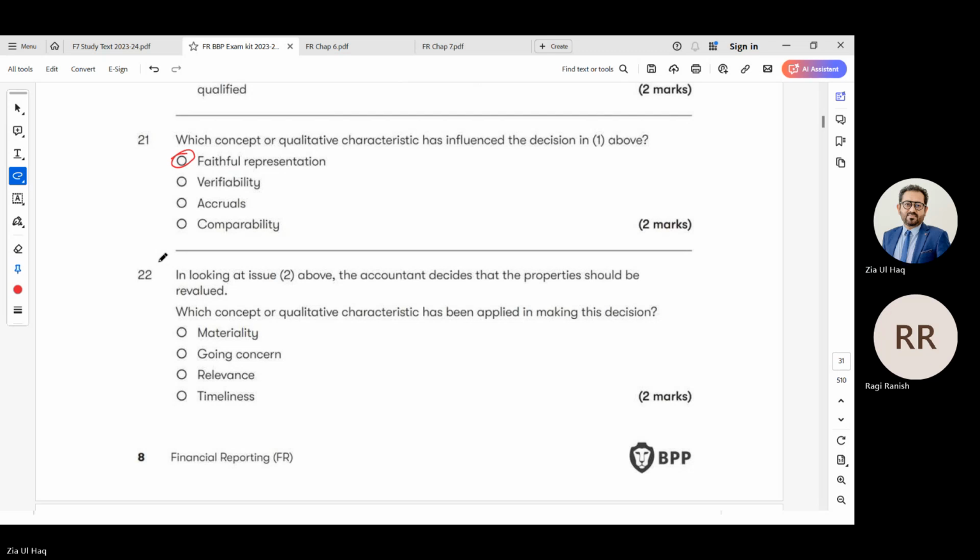Materiality, going concern, relevance, or timeliness.